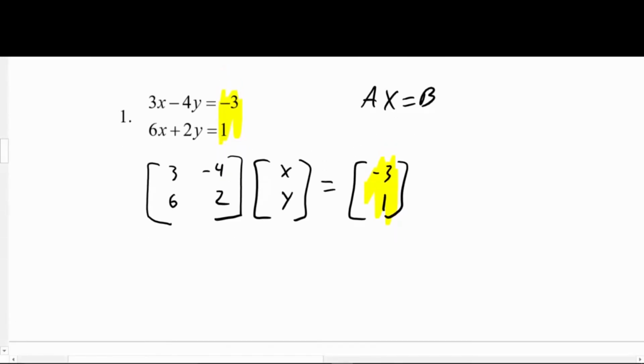So now the question is how do I solve this? If this is matrix A, this is matrix X, and this is matrix B, how do I solve this thing? Well, it's actually very simple. I have to multiply by A inverse on the left-hand side to get rid of the A matrix and get my variables by themselves. But again, like we said previously, whatever I do to one side, I have to do to the other.